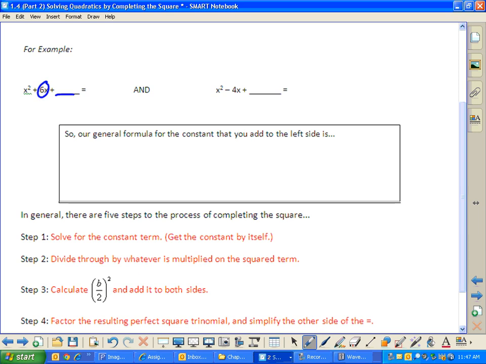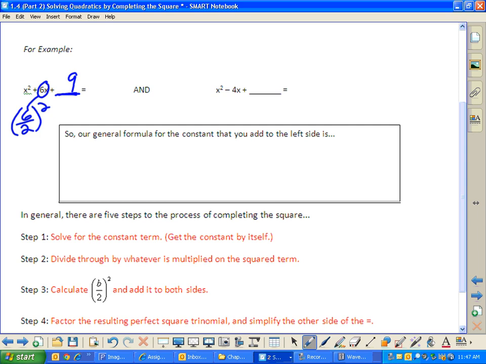To find the number that allows us to complete the square, we take 6, cut it in half, and square it. 6 divided by 2 is 3. 3 squared is 9. What this does for us is it makes this problem factorable using the square root method. It turns it into a perfect square trinomial.